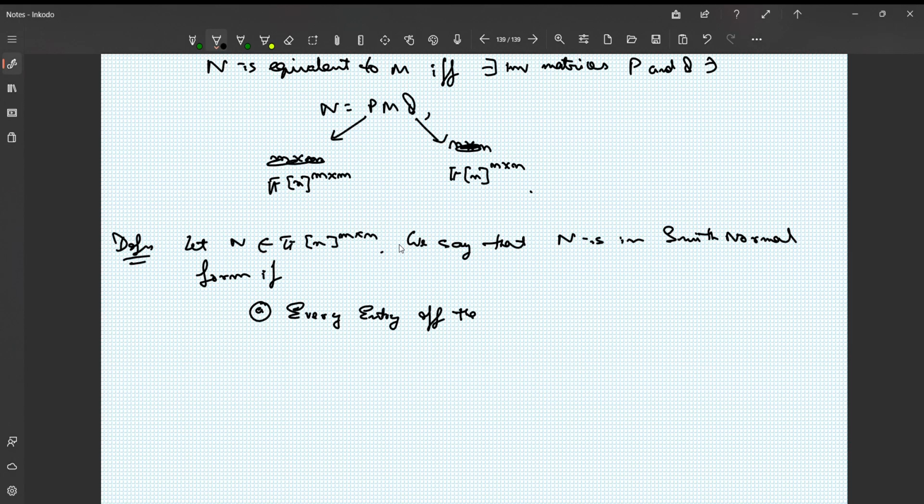number one, every entry off the main diagonal of N is 0.